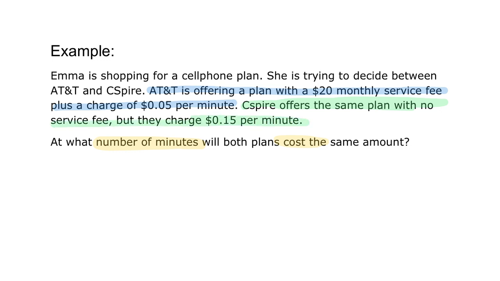And in both of those, the slope, remember, is the one with the word per, something per minute, some amount of cents per minute. So it's got to be a Y per an X, which means minutes has to be X, and the cost has to be Y. So when I go to write my equations, I'm going to write one for AT&T. I'm going to write one for C Spire.